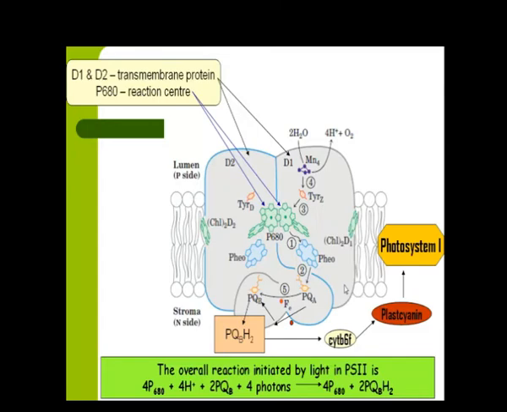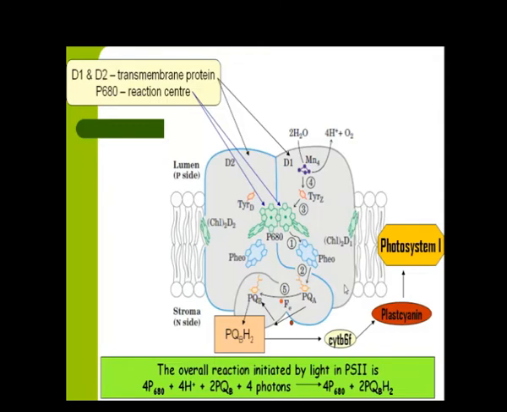Pheophytin gives it to PQA, plastoquinone A. Just now I told you that water is the one which will give its electrons to neutralize P680. This transfer is not direct, it is indirect. To neutralize P680, tyrosine will give the electrons.